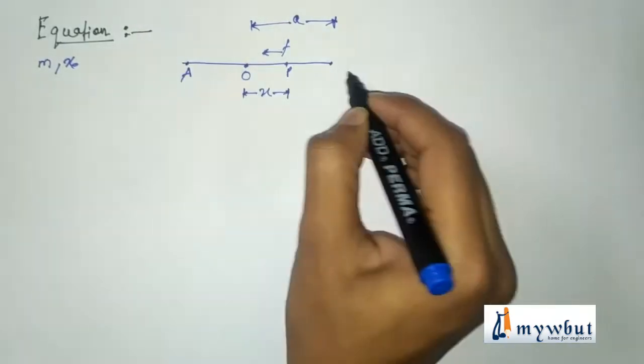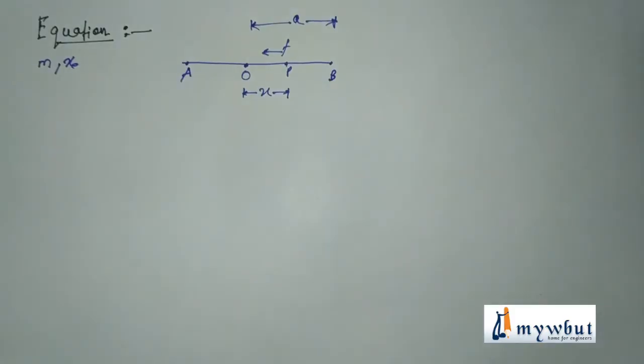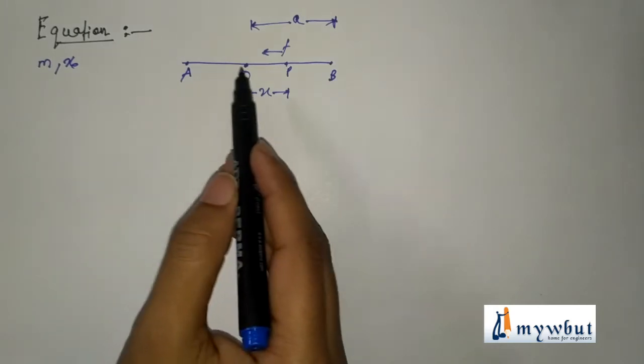Let us name these two points A and B. This is the schematic diagram on which we will be defining. This is the origin position.